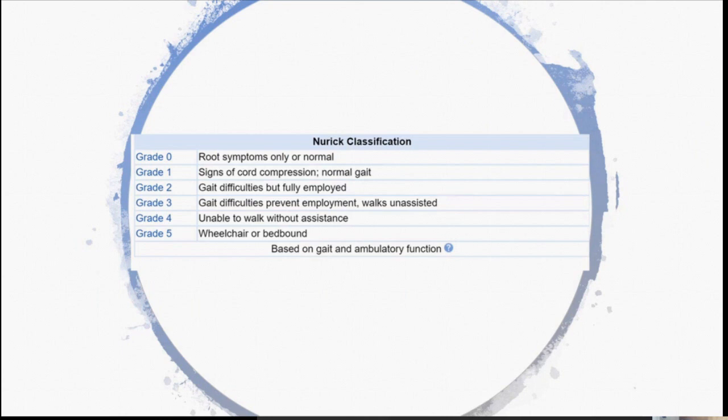We do classify the cervical myelopathy by different classification systems, like the Nordic classification. The other is the Japanese Orthopedic Association classification. These, for you, just know the basic principles of these classifications rather than the details.